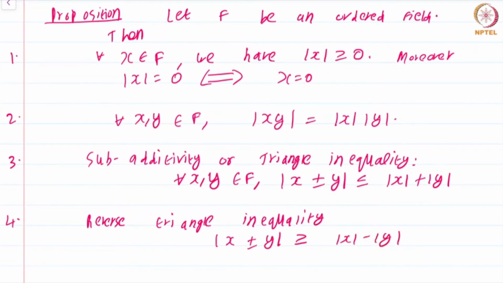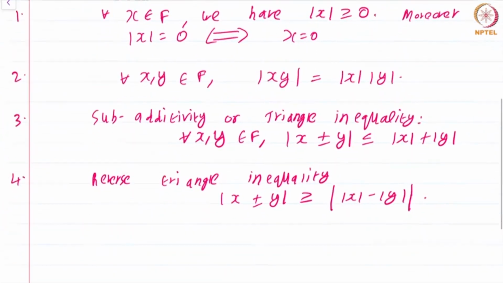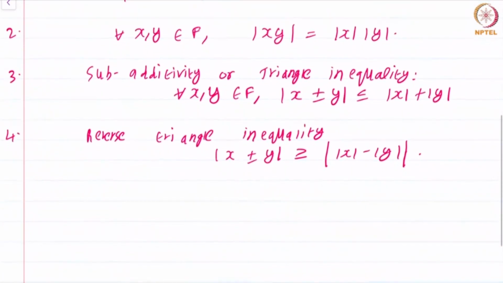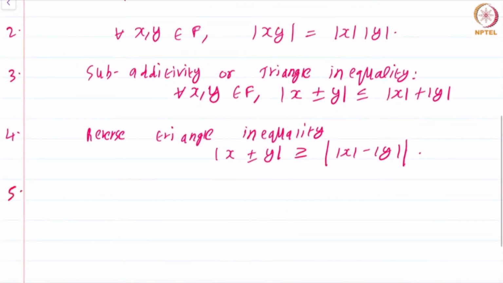Why it's called the reverse triangle inequality is easy to see. In fact, I can put a modulus sign here on the right hand side as well. Okay. Number 5: for all x, y, z in the field, mod x minus y is less than or equal to mod x minus z plus mod y minus z.